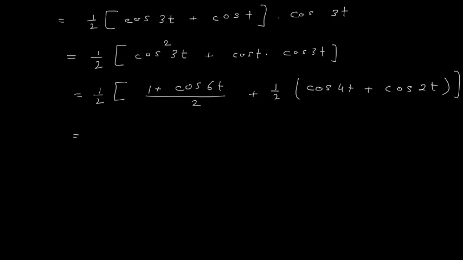So 1 upon 4 is outside. Now we have 1 plus, in order I will write first cos 2t, then cos 4t, and then plus cos 6t. So this is the value of cos t, cos 2t and cos 3t.